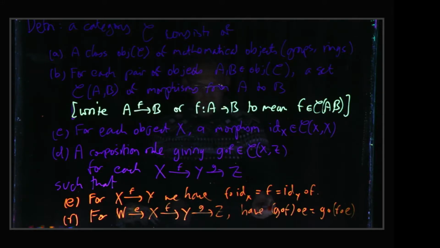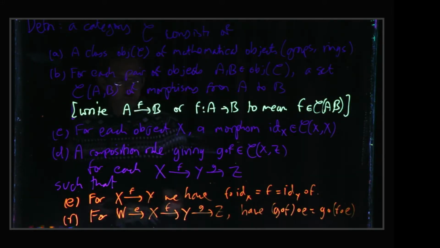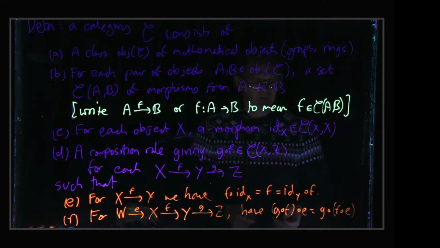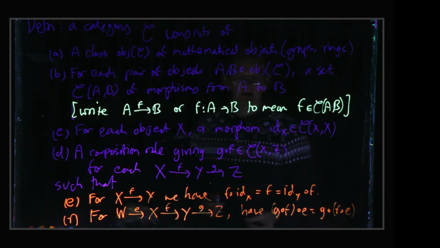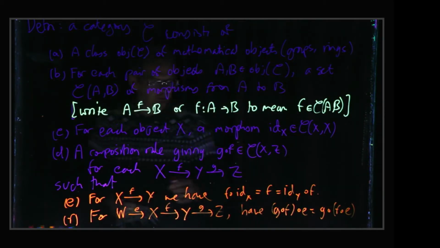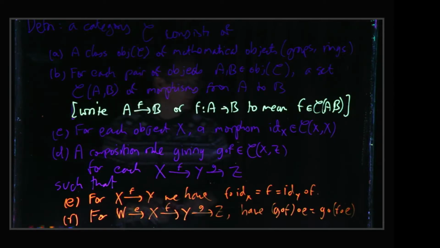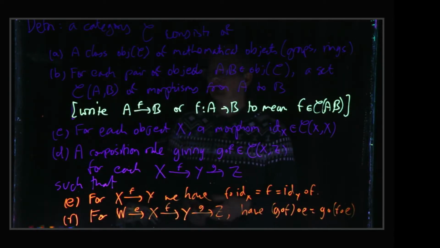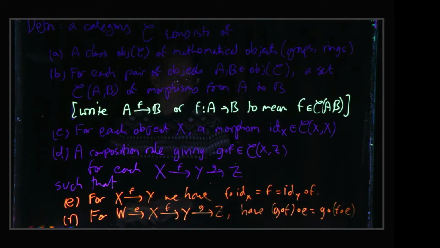So then there's two ways we can group these to compose them. We can firstly compose g and f and then compose that with e, or alternatively we could first compose f and e and then compose that with g, and we're supposed to get the same answer. Of course, this is like the associativity axiom in a group, and again, we also use the word associativity for it. So that's what we mean by a category.